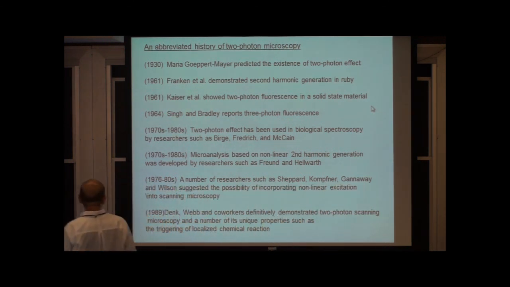Very importantly, this paper was published in Science and caught the attention of almost everybody, including my postdoc advisor at the time, who said, Peter, why don't you go to Webb's lab and learn how to do two-photon? I said, sounds like a good idea. And I think that in the long run, it was a good idea.